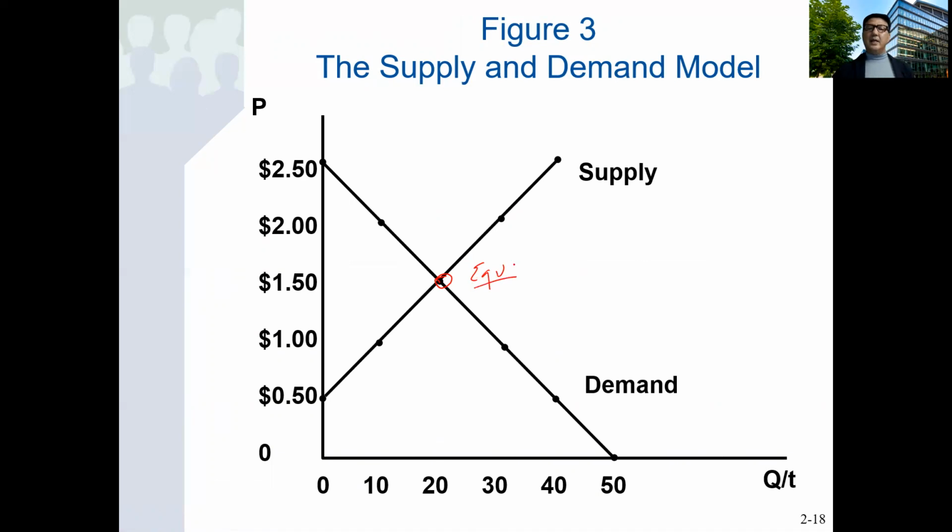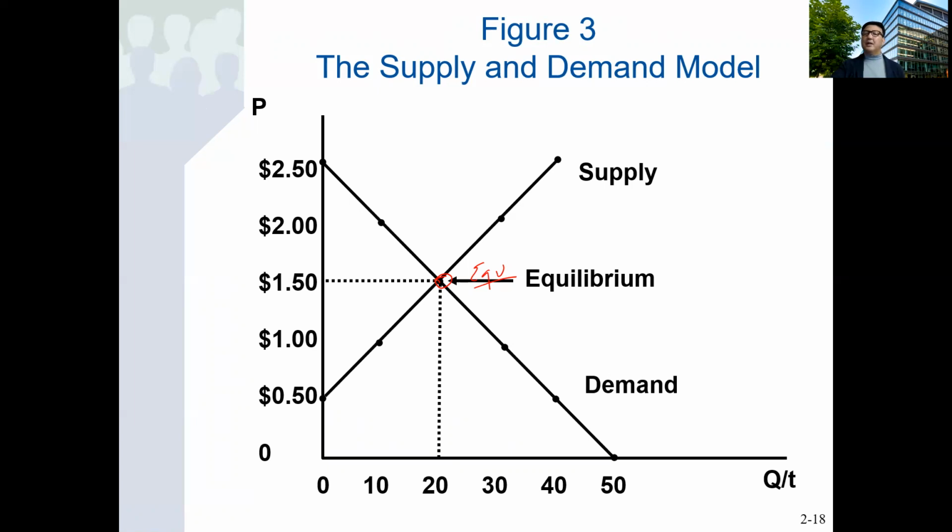This is where the supply and demand meet together, the price and the quantity at which there's equilibrium. Our equilibrium is at $1.50. You will sell 20,000 quantity, and there's a demand of 20,000. So that's the supply and the demand.